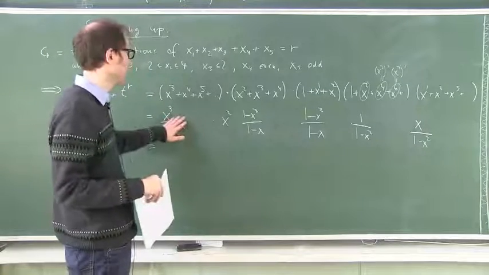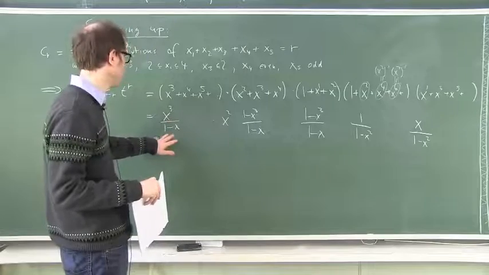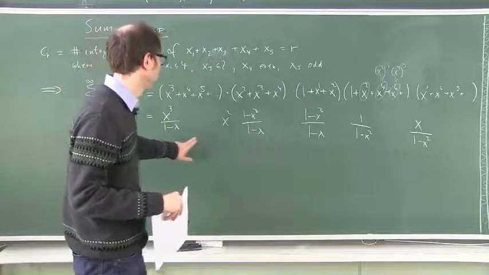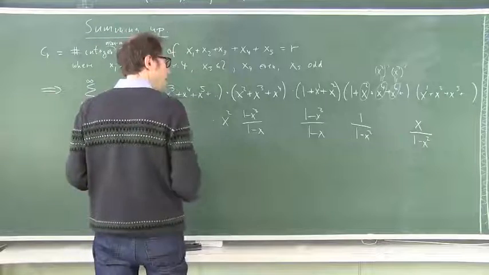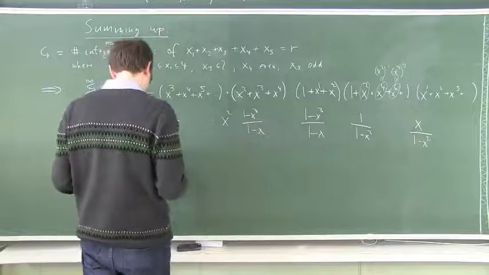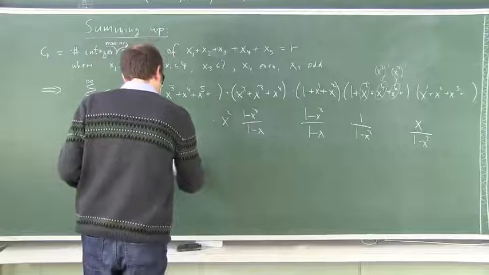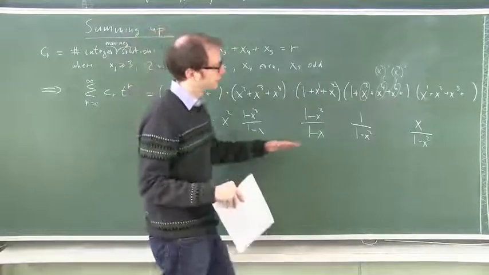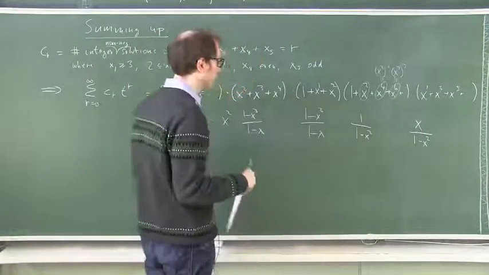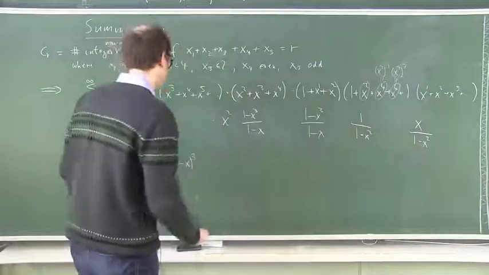So let me try if I can do this, and I hope I don't make any mistakes here. So we have 1 minus x, 1, 2, 3 times. And we have 1 minus x squared. Well, we can also, of course, here try to simplify this if you like.